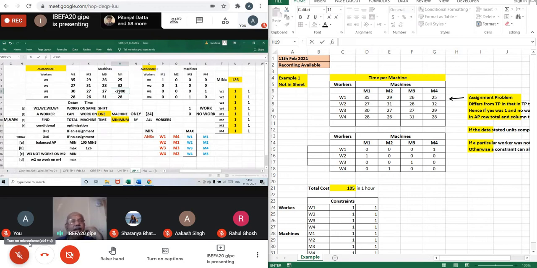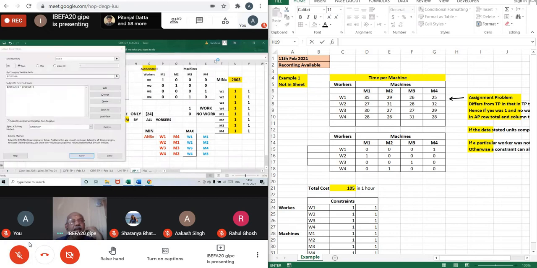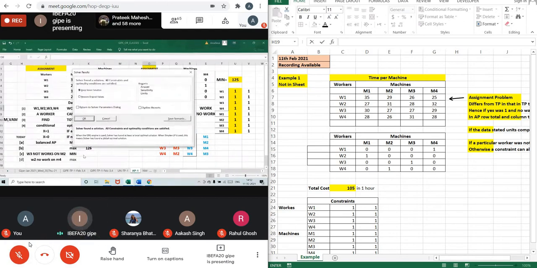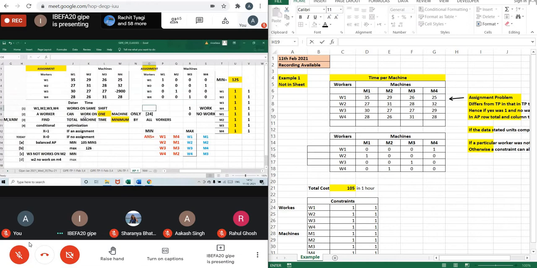Now let us see the final result. Total production is 125 units. Does W3 get M4?